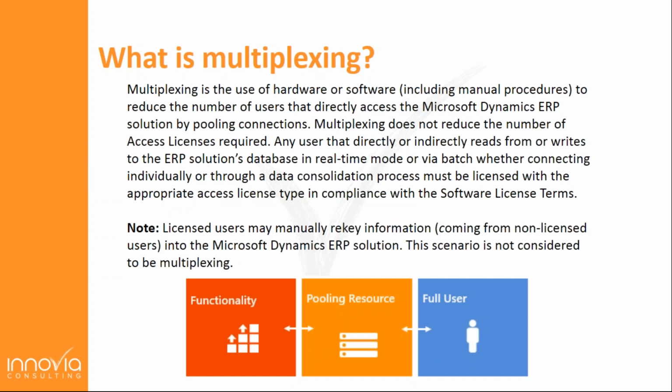So if you're considering a solution where you've got multiple users, we want to make sure that whatever you're thinking of does not meet Microsoft's definition of multiplexing, and then try to figure out the most efficient, most cost-effective way to license those users.